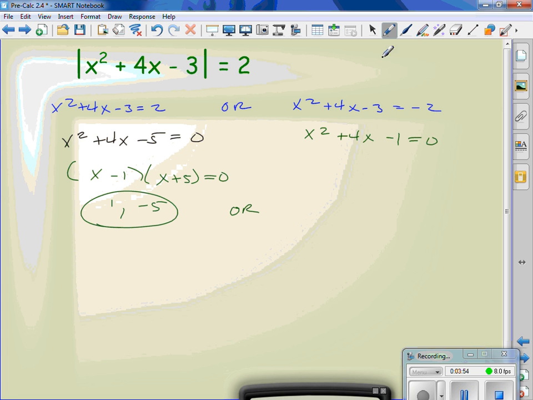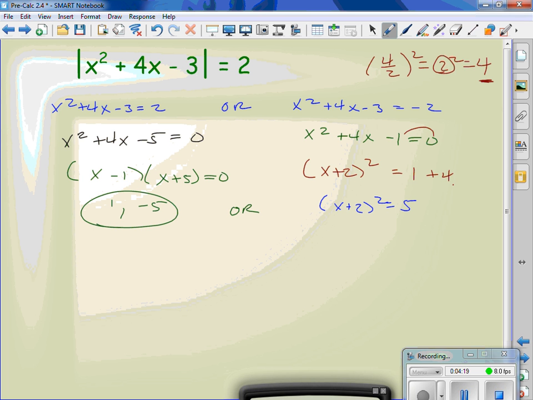I can divide this by 2. What's 4 divided by 2? And what's 2 squared? 4. So I take x plus 2 squared. That's got to go to the other side: 1 plus 4 because of this. All right, 1 plus 4 is 5.